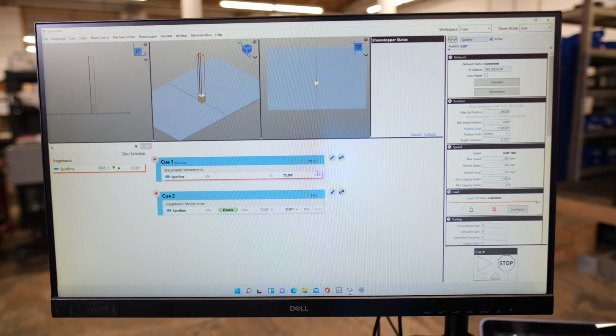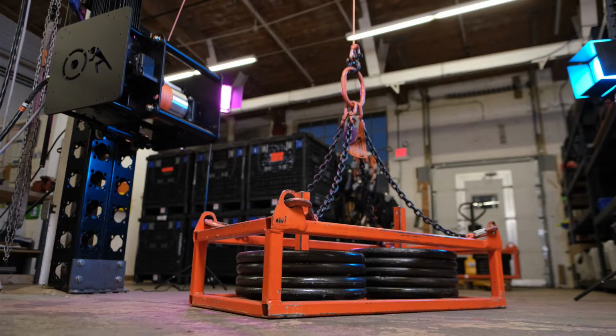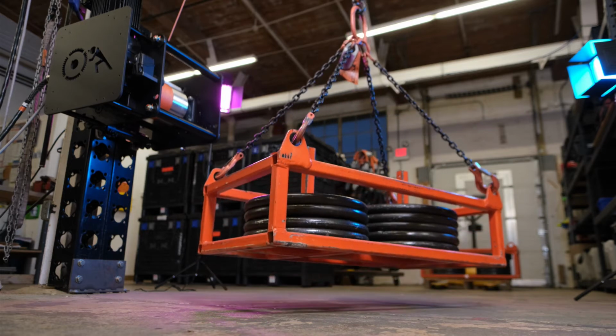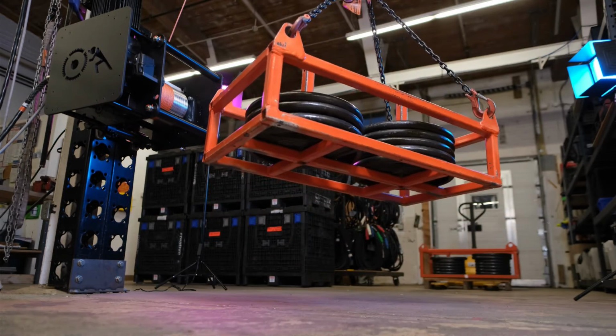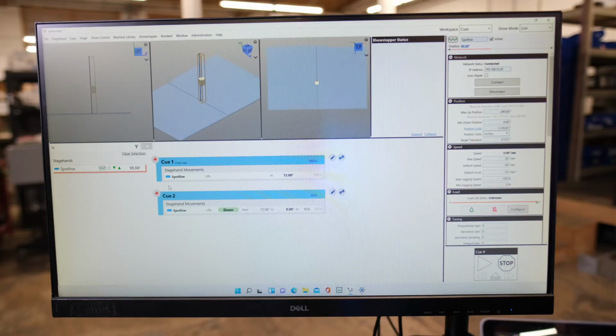Now let's see what happens if I try to lift the hoist up a bit and then run to that position. Go ahead and jog it up. So now the hoist is reporting that it's at about 100 inches, even though it's about half that.